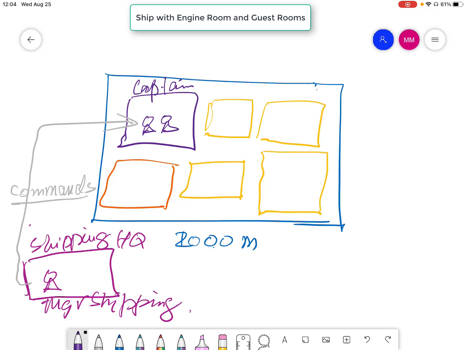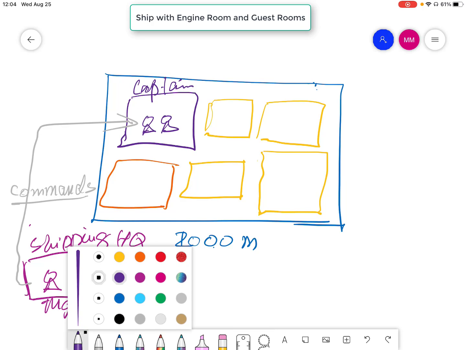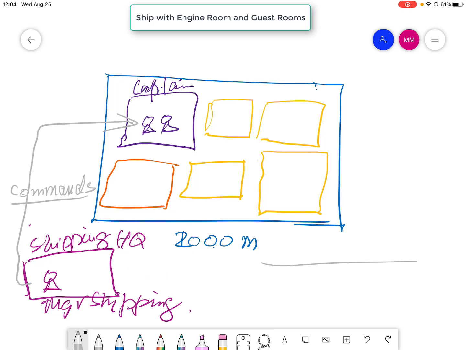The manager says, make sure these new 4 people that are coming in, there is some sort of an entry, a bridge, and people can come in one by one and board the ship.